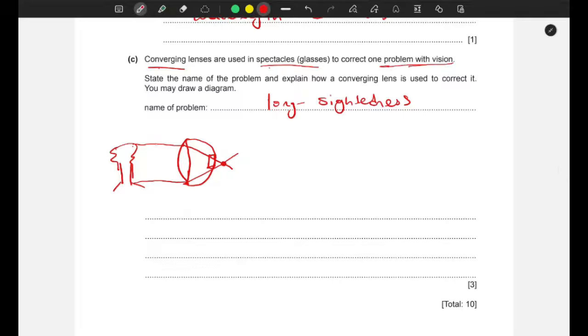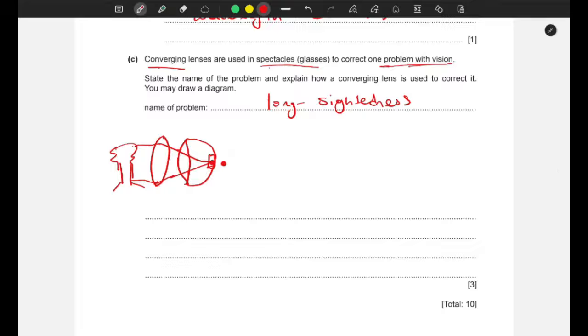But if we put a lens in between, it would converge before reaching the lens of the eye, and then it would converge again, and then the image would form on the retina. So that means the person can clearly see.